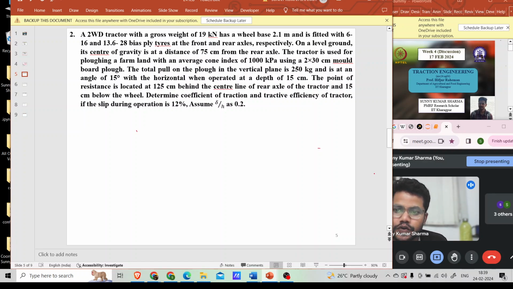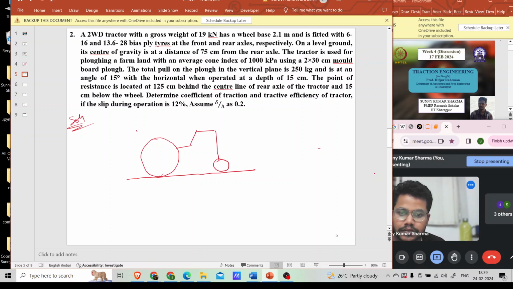A two-wheel drive tractor with a gross weight of 19 kilonewton has a wheelbase of 2.1 meter and is fitted with 6.16 and 13.6 tires at the front and rear axle respectively.